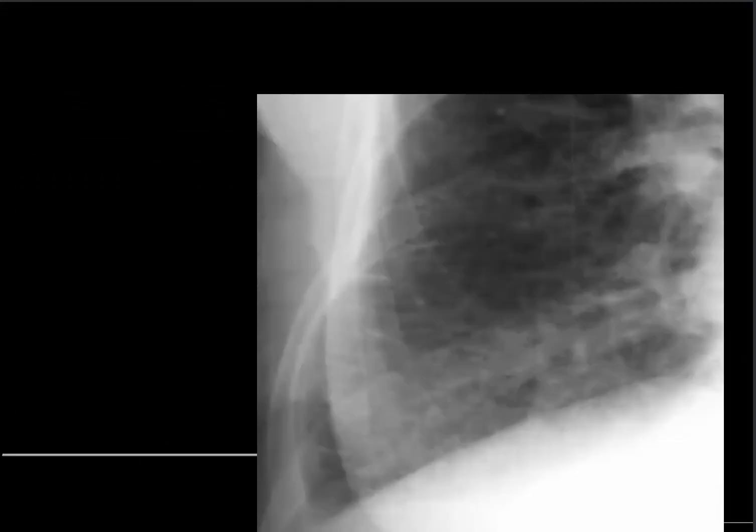Interstitial edema is where you have what we call septal lines. These are these lines here, which are basically the edematous interstitium of the lungs, and they look like these horizontal white lines. They are actually thickened edematous interlobular septa.